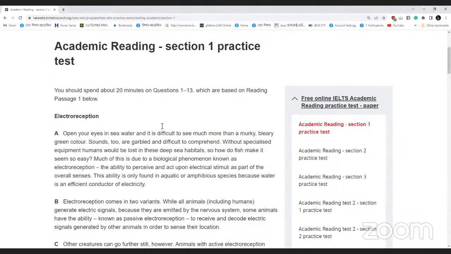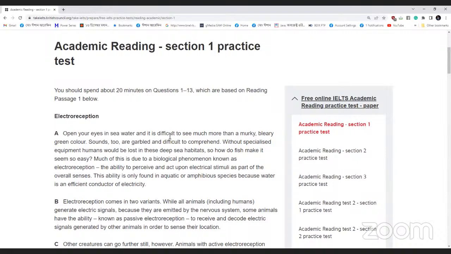Most of the passages of the IELTS exam are written in such a way that the paragraph will start with a topic sentence that holds the idea of the whole paragraph.